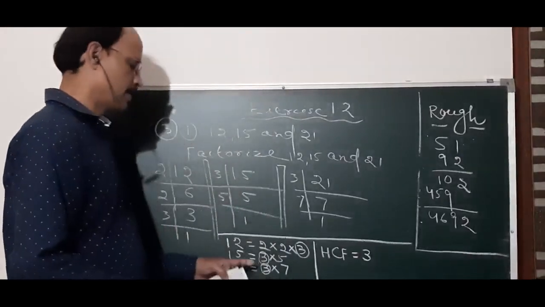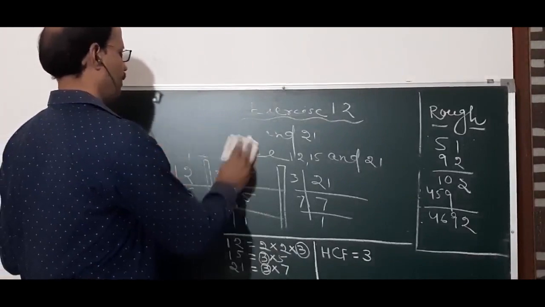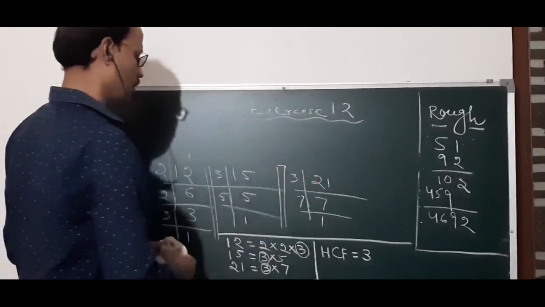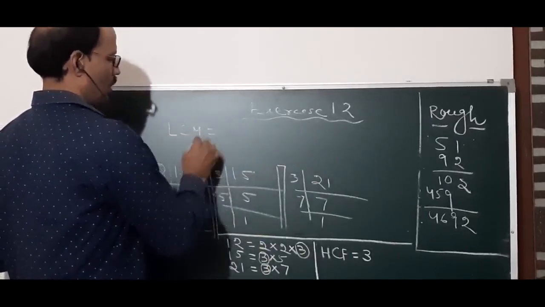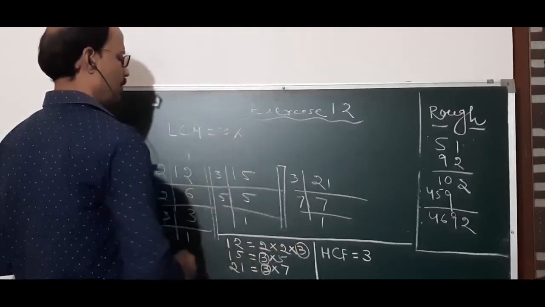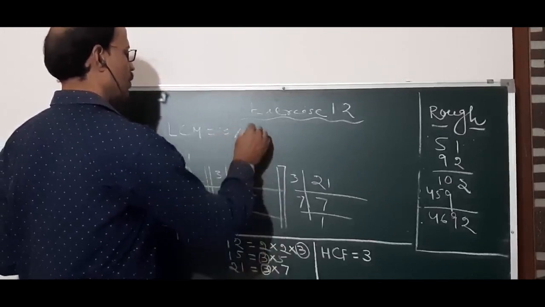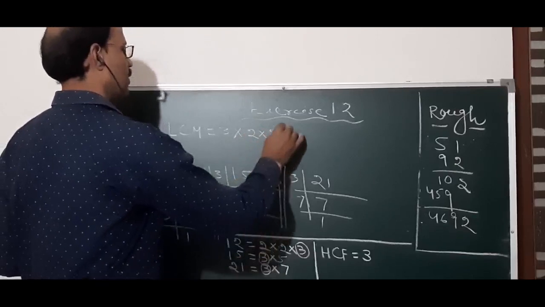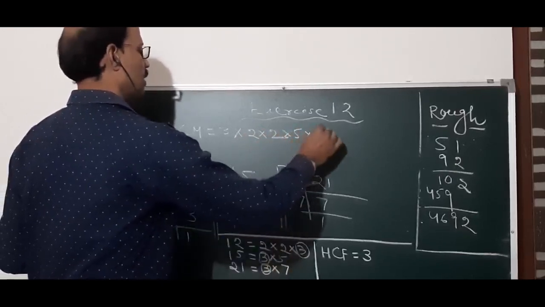So what will be LCM? LCM will be the common number, that is 3, multiply the rest of the numbers in 12, that is 2 multiply 2, the rest of the number in 15, that is 5, and the rest of the number in 21, that is 7.